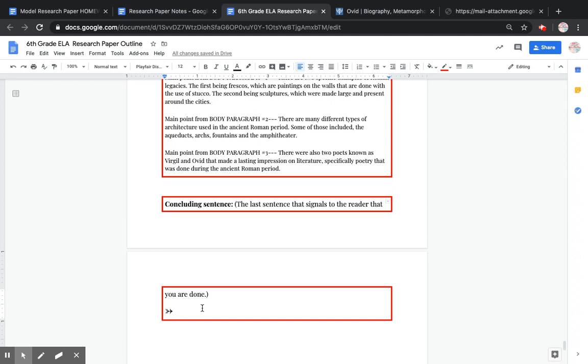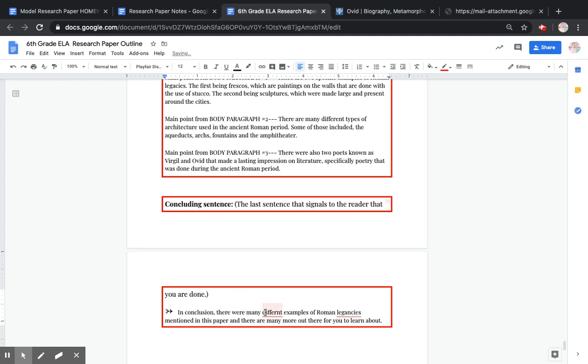So I want to put, in conclusion, there were many different examples of Roman legacies mentioned in this paper, and there are many more out there for you to learn about.